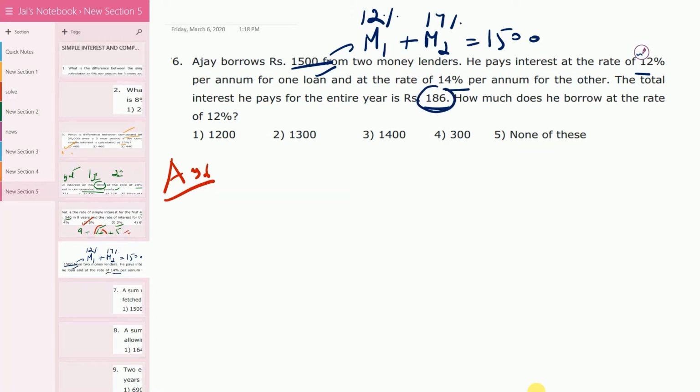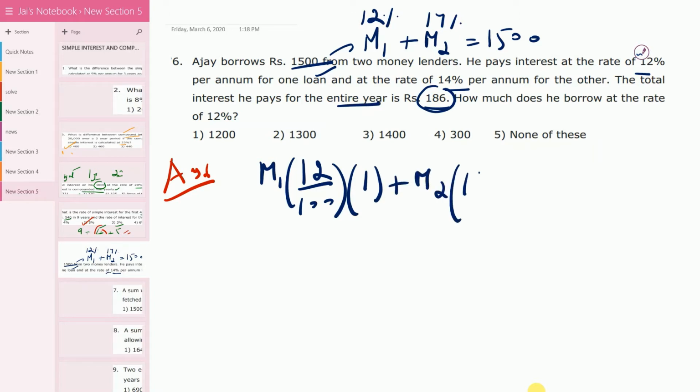That is, M1 into 12% into time, that is 1 year, which is given in the question. Similarly, M2 into 14% into time, also 1 year, gives 186. I've simply used this statement to form an equation, and this was already given in the question.